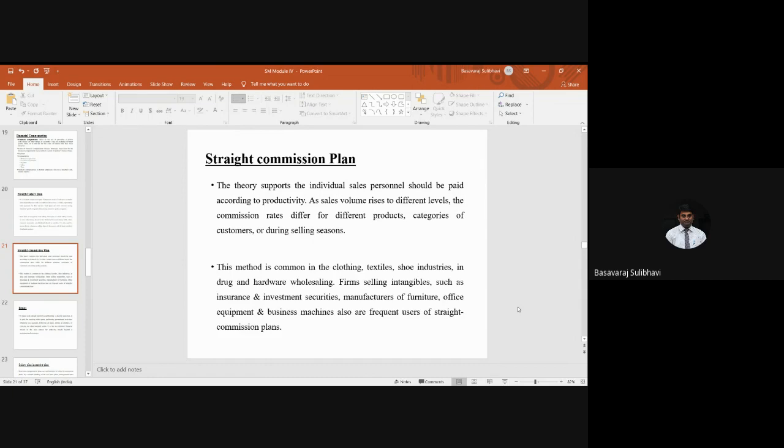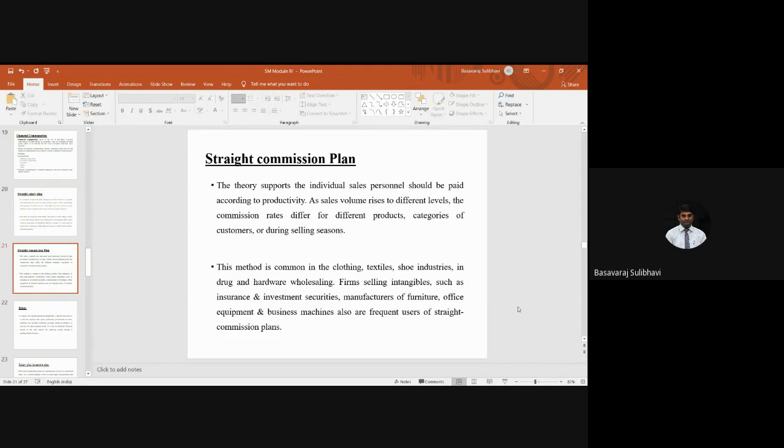So the commission is fixed on variants also, for different categories. Whichever category gives more profit to the organization, for such a category or product variant, a higher commission will be set. The percentage of commission will be much higher there, because the product sells little but the organization gains huge profit out of it.